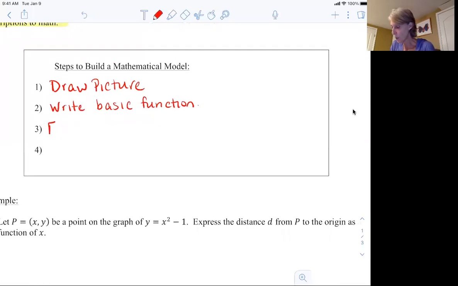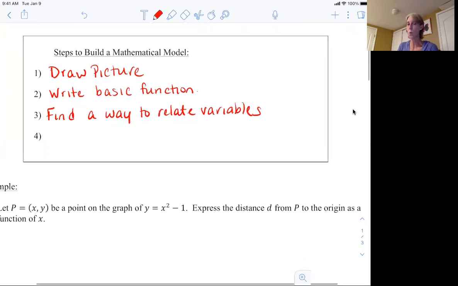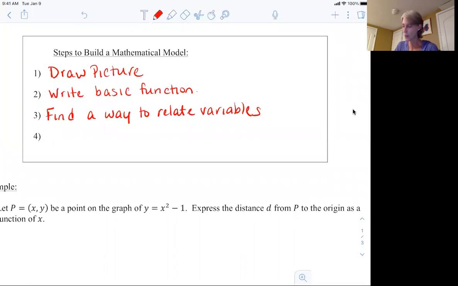And then we find a way to relate our variables. This is a little tricky, and we're going to work through several different types of examples. And then the last step is we want to write it in terms of one variable. Okay. So that's pretty much it. Anytime you want to think of what you have to do, you're going to work through those steps in your head.